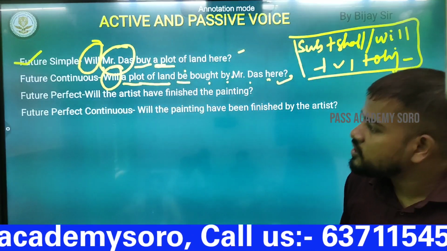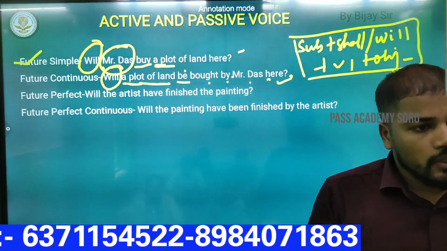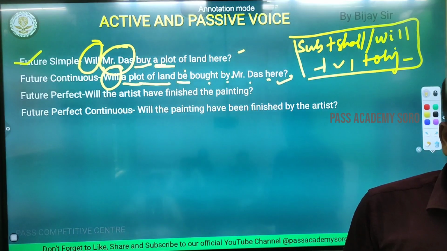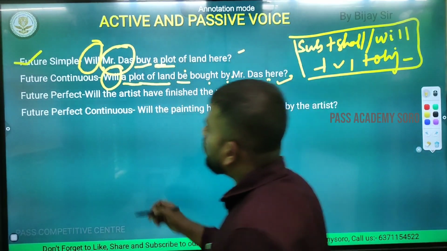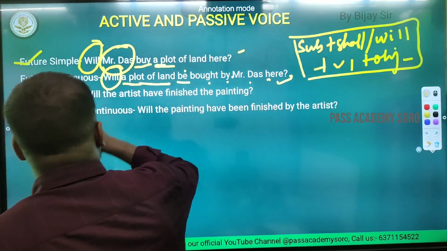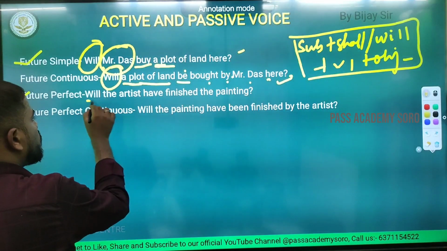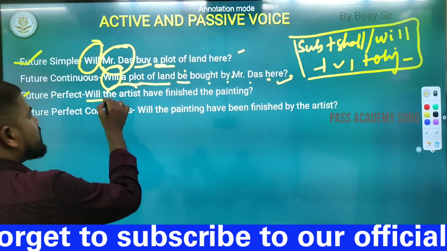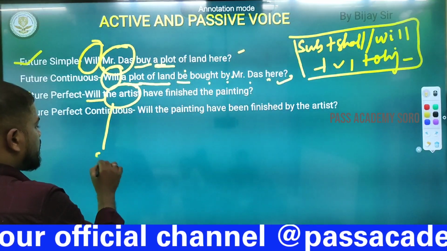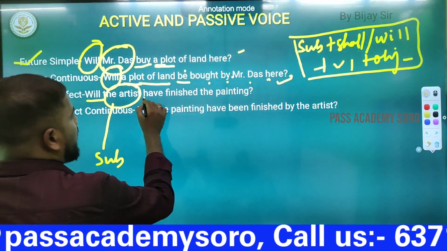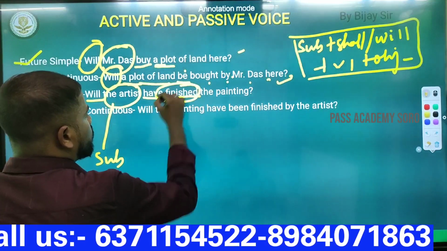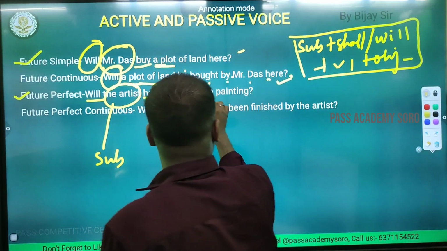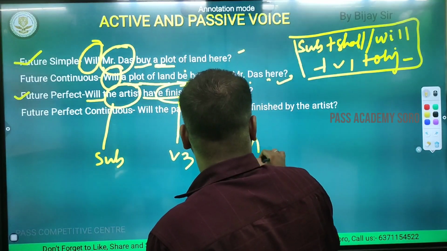Our next form is future continuous, and according to the rule we cannot change future continuous into passive. We cannot convert it, right? So our next form is future perfect. Will the artist have finished the painting? Here the artist is the subject. Finished is the third form, V3. The painting is the object, dear student.